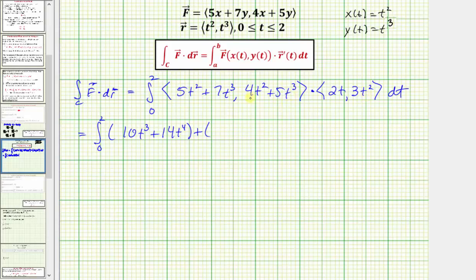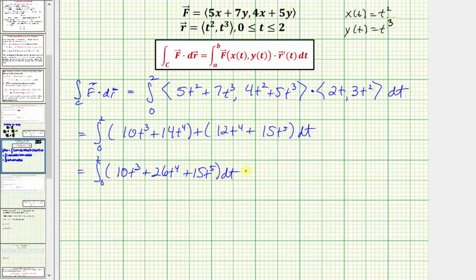That's going to be 12t to the fourth plus 15t to the fifth. Combining like terms, we have the integral from 0 to 2 of 10t to the third plus 26t to the fourth plus 15t to the fifth.